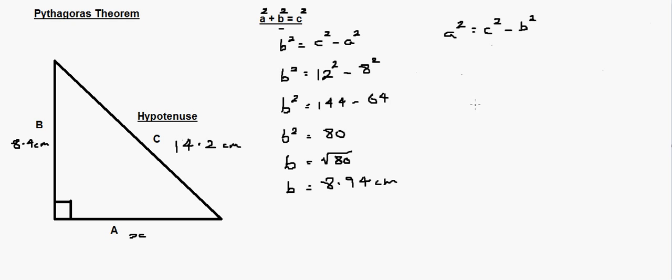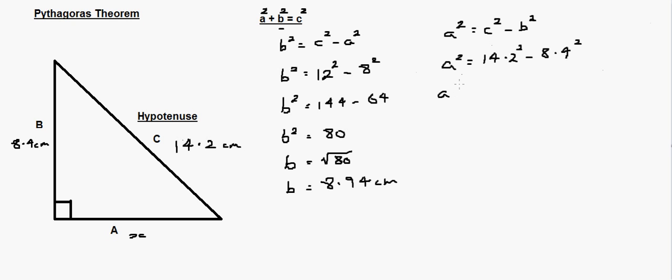Okay, so now it's just a question of substituting in values. So A squared equals, now C is 14.2, so this is 14.2 squared, minus B squared, which is 8.4, and that's squared as well.